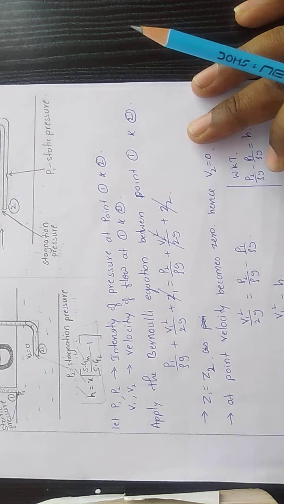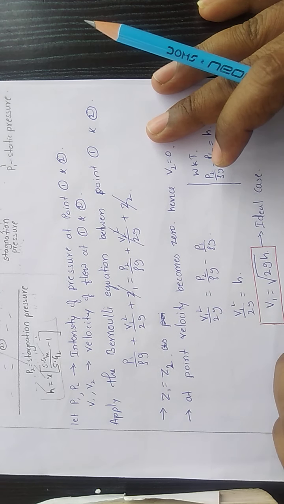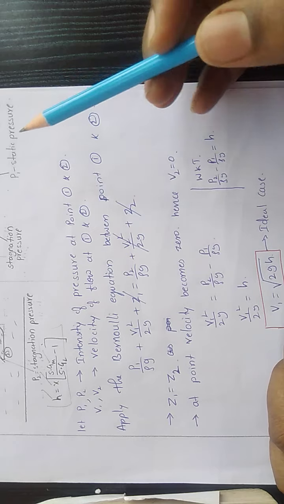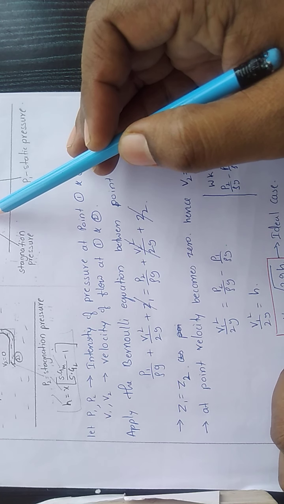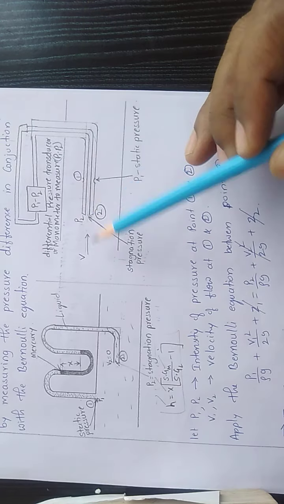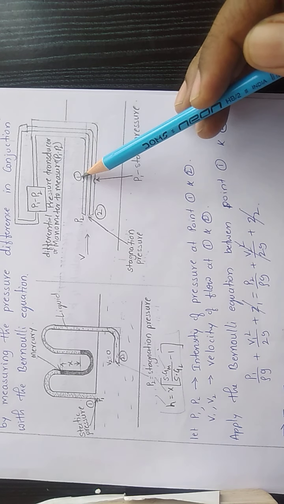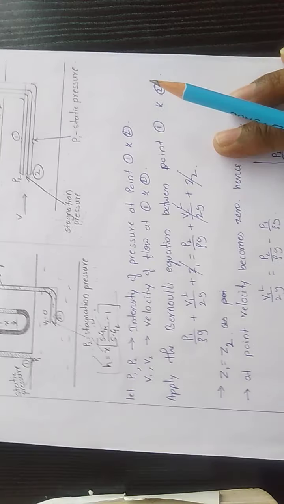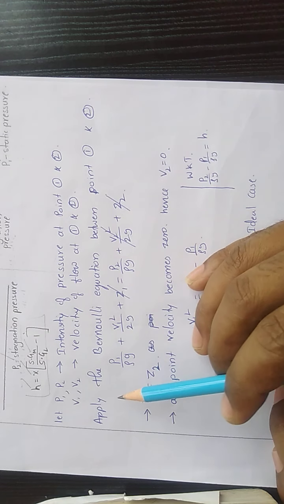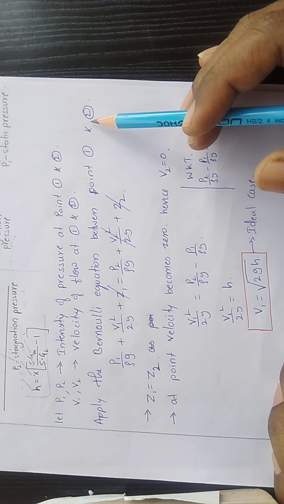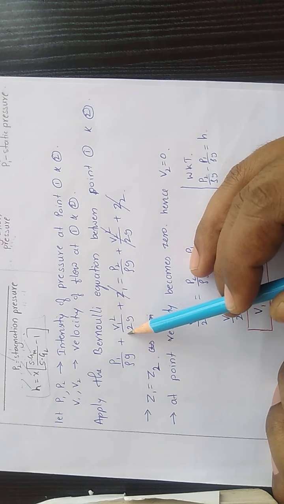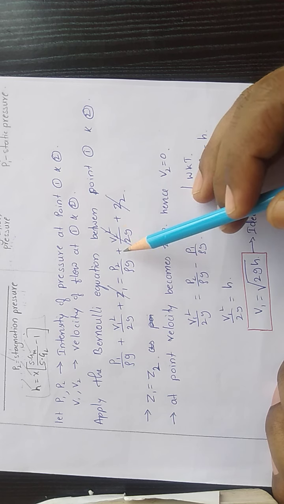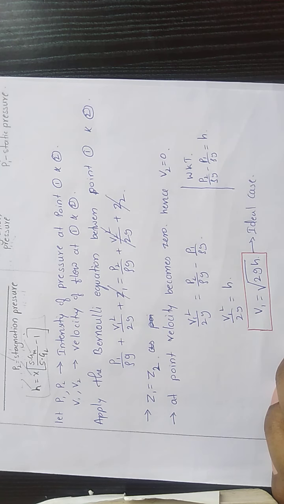Now let's look at the derivation. Let us consider P1 and P2 as the intensity of pressure at point 1 and section 2. You can take this as section 1 or section 2; it is all the same, you get the same expression. Apply Bernoulli's equation between points 1 and 2: P1 by rho g plus V1 square by 2g plus Z1 is equal to P2 by rho g plus V2 square by 2g plus Z2.